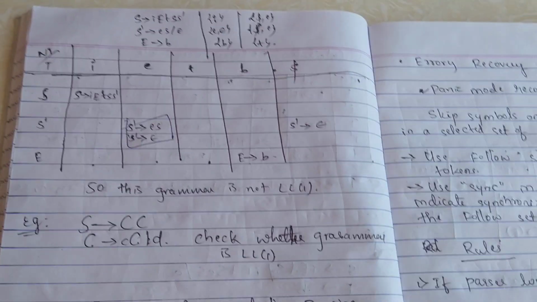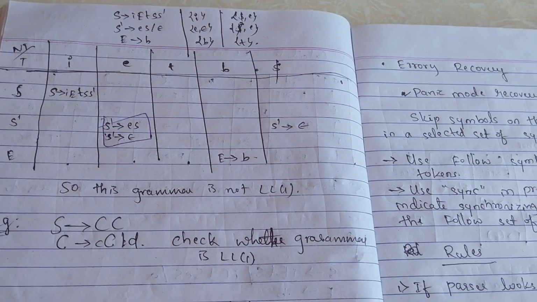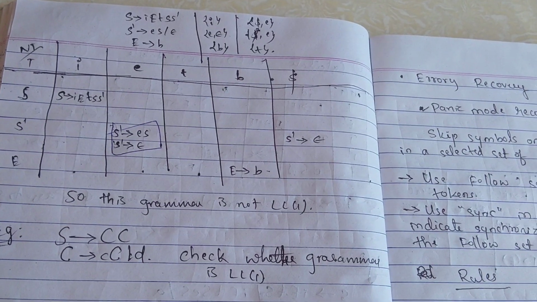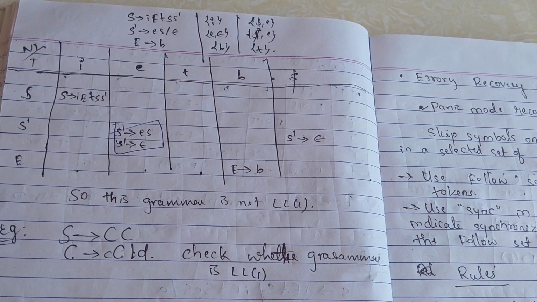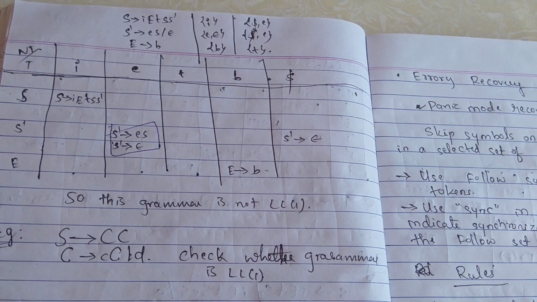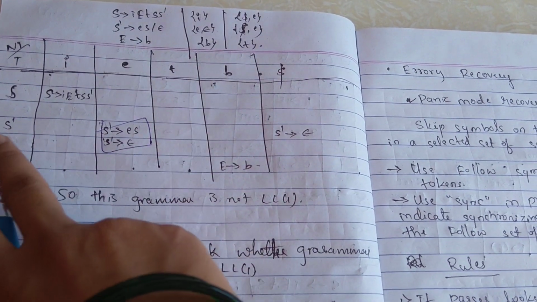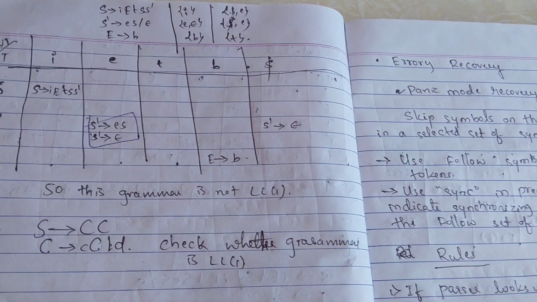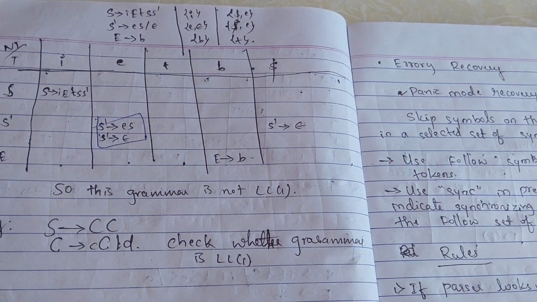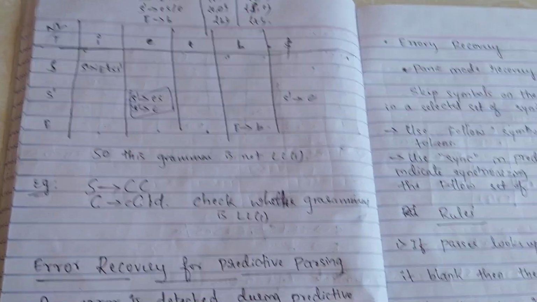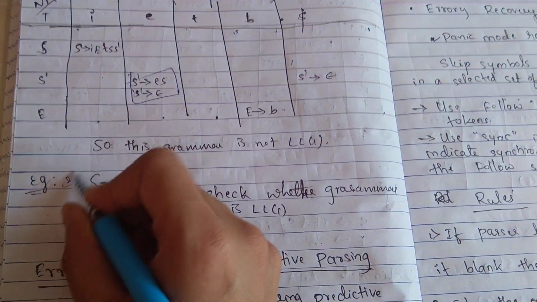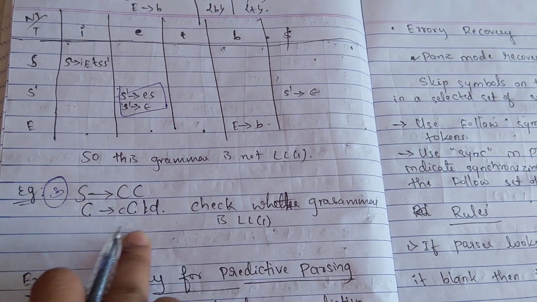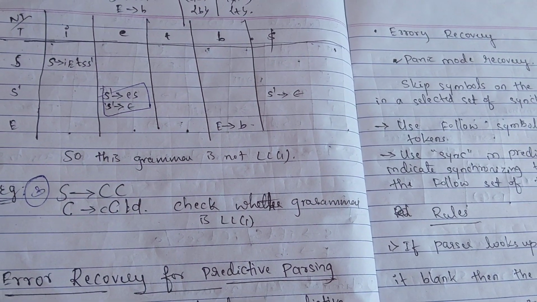Whenever a grammar is given, not all grammars will be LL1, or we cannot create a parse table for them. So if for a particular non-terminal we have multiple productions in a column, then it is not an LL1 grammar. Try to solve the same for this particular grammar.